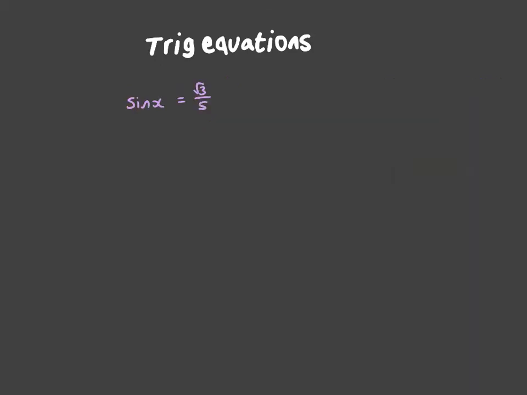So if we've been presented with a question like sine of x is equal to √3 over 5, again, what does that mean? That means it's a right angle triangle, there's an x reference angle, and the opposite over the hypotenuse is in the ratio √3 to 5. Again, what will we do? It's in that form, so for trig function, angle is equal to ratio: arcsine, shift sine, of the ratio √3 over 5 is going to equal that reference angle.